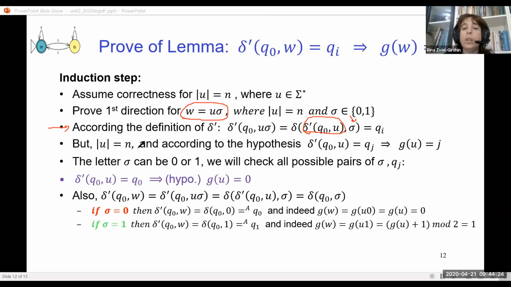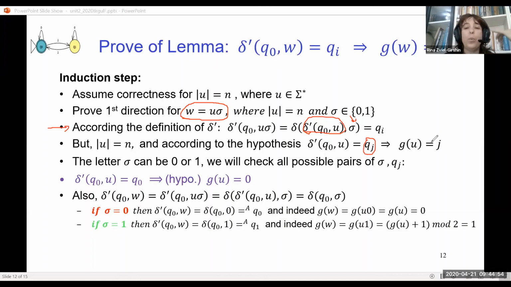But we know that for the word U of length n, according to our hypothesis, when I finished reading the word U starting with state Q0, I finished in some state Qj in such a way that my function G over U also gave me j.